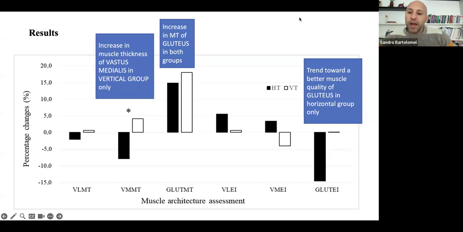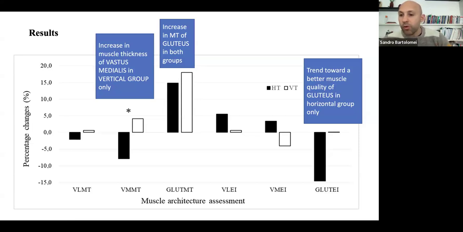But if we take a look at the gluteus echo-intensity, because in both groups the glute mass increased. So the muscle thickness of the glute was improved in both groups. Why? Because squat, hip thrust and reverse hyperextension all activate the glute.